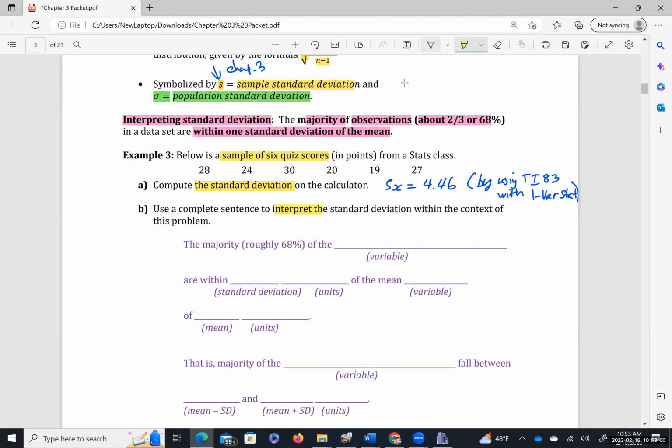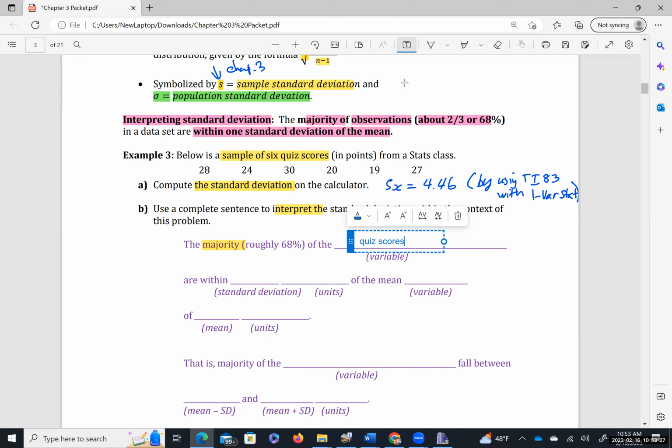So we will say the majority, or roughly 68%, of the observations. What are the observations here? Quiz scores, right?